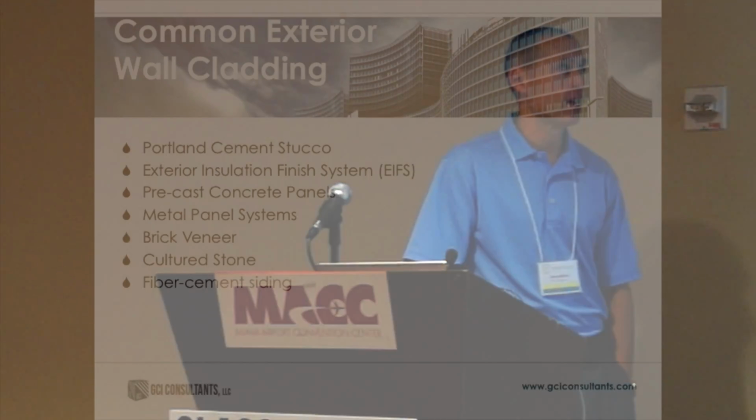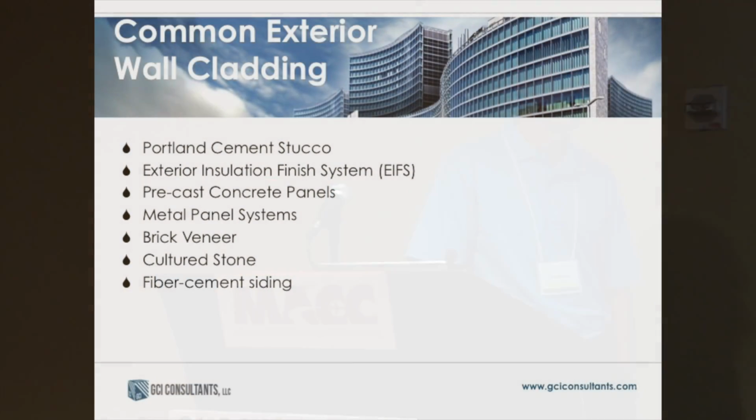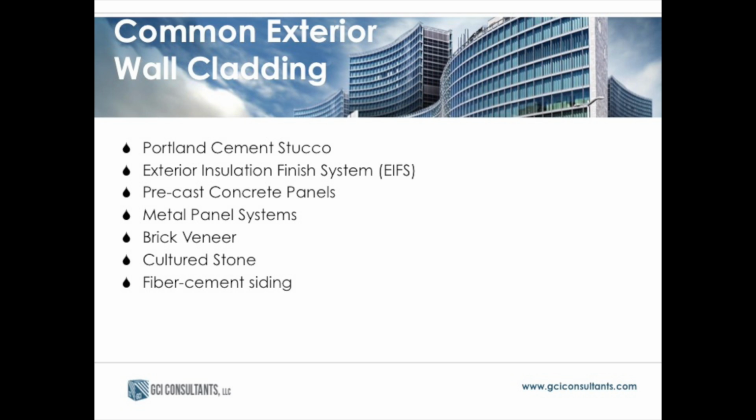Most of the jobs down here are stucco, some EIFS. We've got some precast panel jobs and metal panels. Then we get into other parts of the country where brick veneer, cultured stone, fiber cement siding, those kind of things are big. Whatever it is, though, that all has to be looked at, designed, and integrated together to give us our performance. How do we do that?